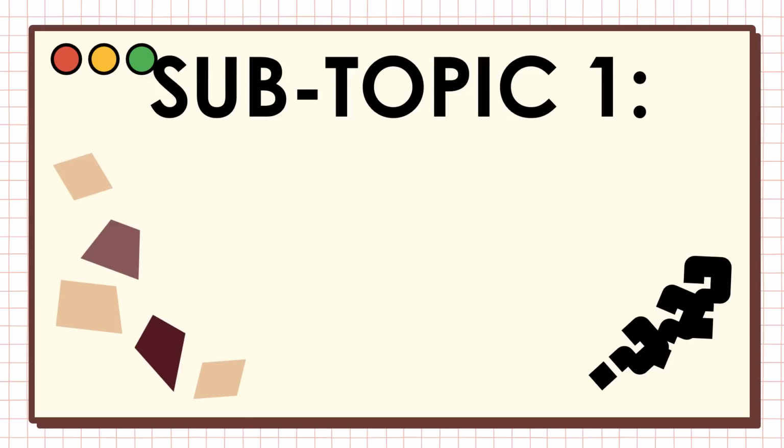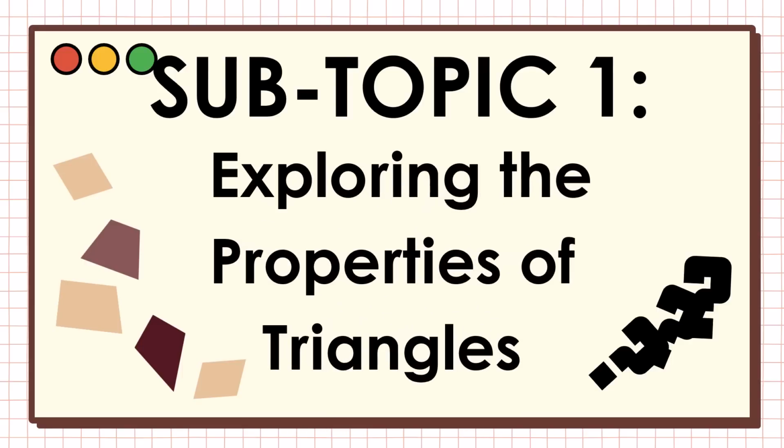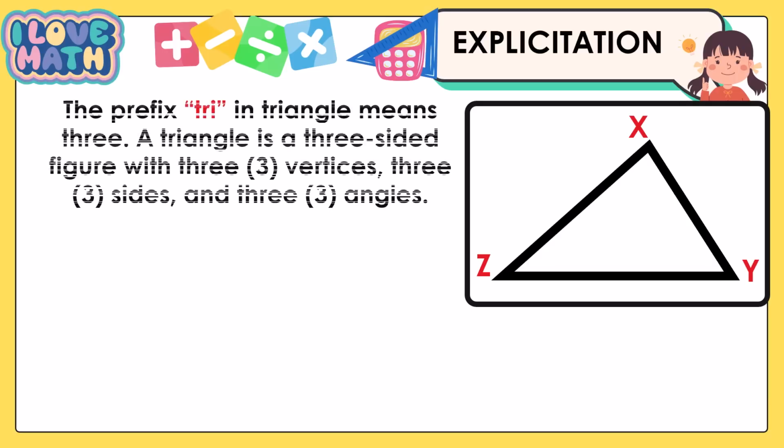Subtopic number 1. Exploring the properties of triangles. The prefix tri in triangle means 3. A triangle is a three-sided figure with 3 vertices, 3 sides, and 3 angles.